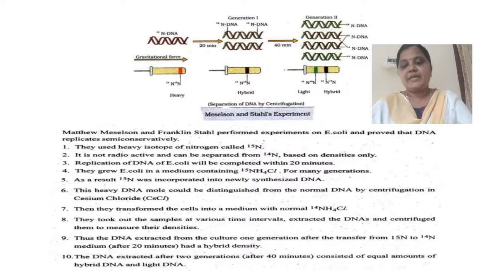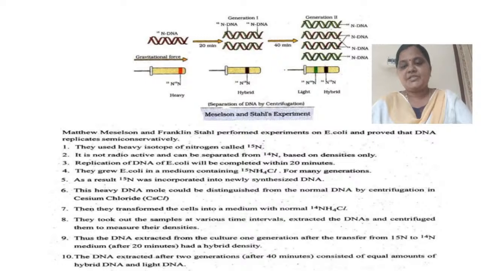After completion of 20 minutes, the gravitational force is there. In the first generation, it would be a hybrid density. If you see in the diagram, in generation 1, after transfer of 15N to 14N, it took 20 minutes. The result is the hybrid density.